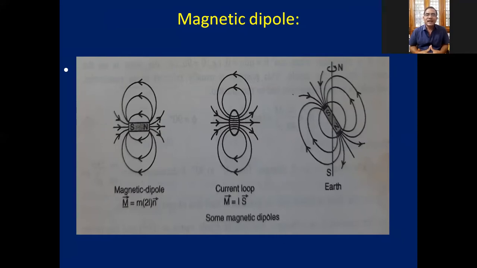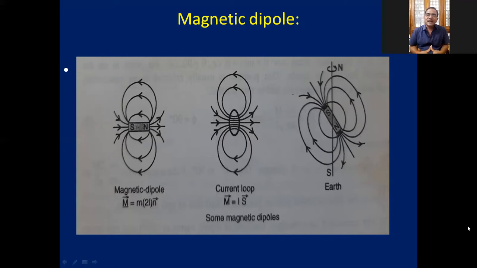Similarly, the current carrying circular loop, for a distant point, also looks like a magnetic dipole. One surface acts like a south pole and the other surface acts like the opposite pole, depending on the current direction or observing direction. The third one, the earth magnet, is also equivalent to a magnetic dipole.